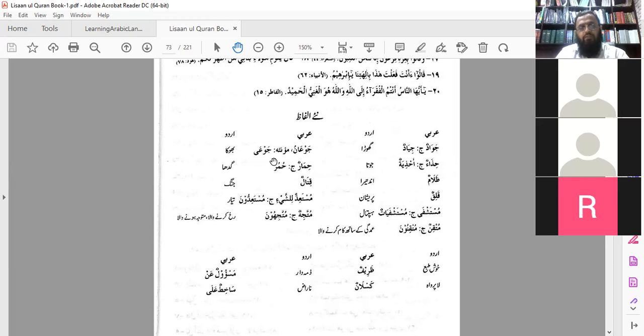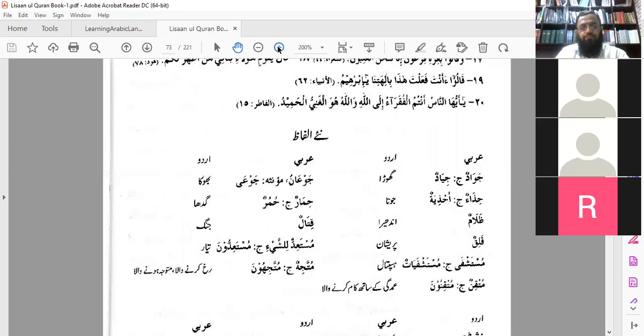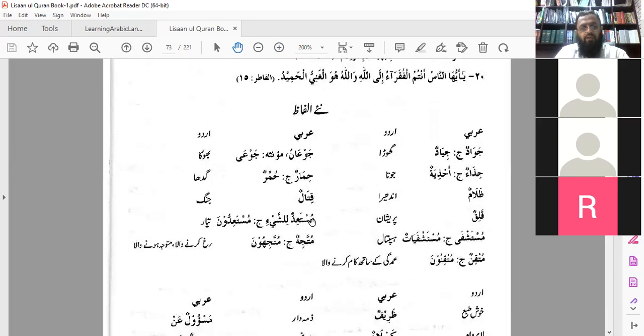Hida'un is used for a shoe, one shoe, and Uhdiyatun is Jama. Himarun for donkey, and Humrun is plural. Zalamun is for darkness.